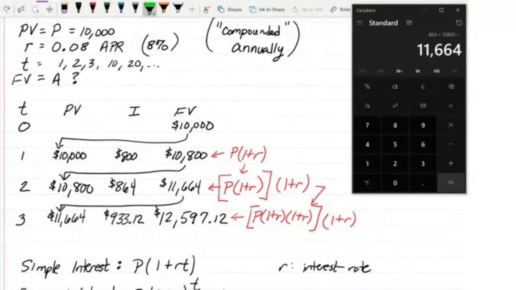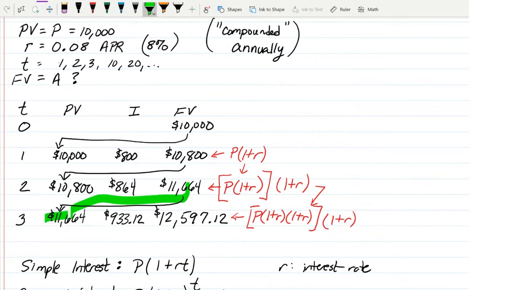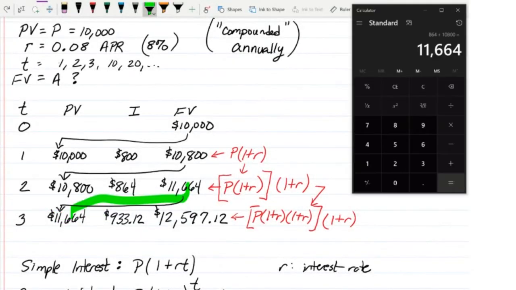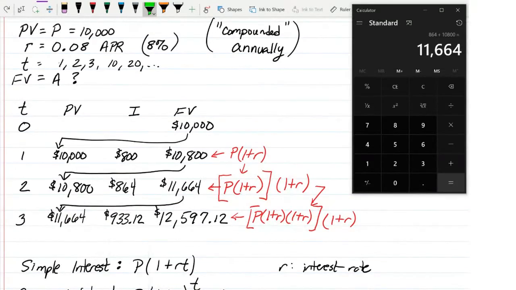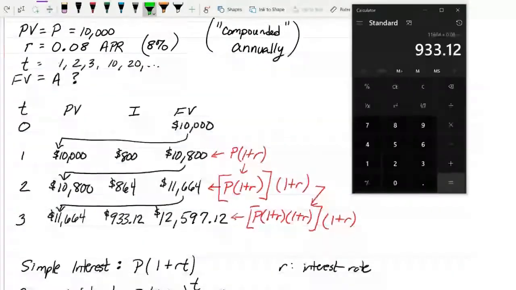And if I wanted to repeat this process, right, that $11,664 becomes my present value in year three. And that's me wrapping it around here for year three. I would multiply this number times 8%. So I'll bring up my calculator. $11,664 times 0.08, one more time, gives me $933.12.